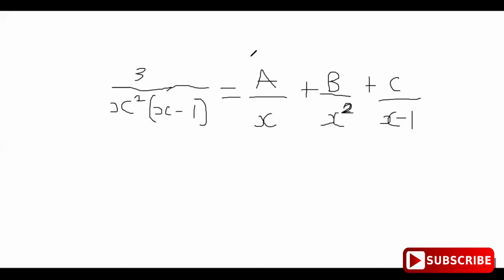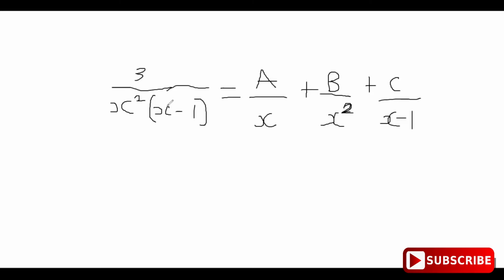Wait, sir. Where shall we get the x from? All right, I'm saying we have x squared right here, and this x squared can be written as x times x. And so therefore it is what is known as repeated linear.